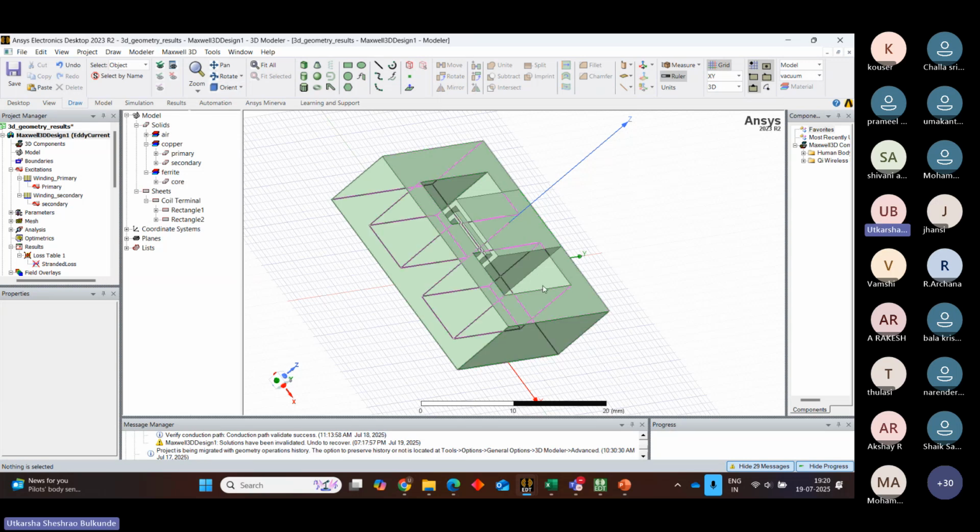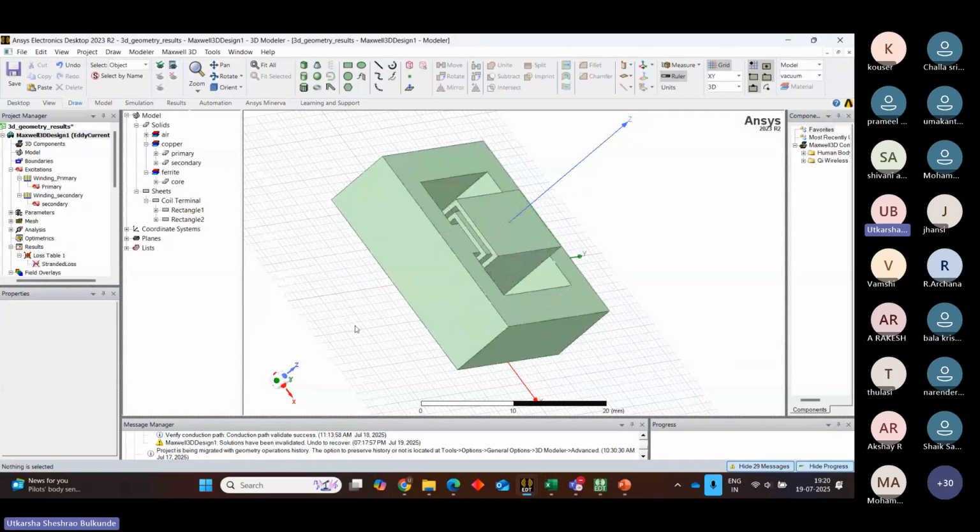So the reason is, I told you, for this section option to work, your geometry should be centralized. But here, this geometry is centralized, but for the winding section which we want to create, it is above in Z direction, right?